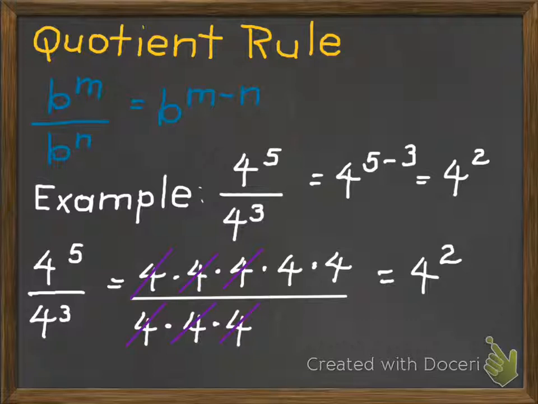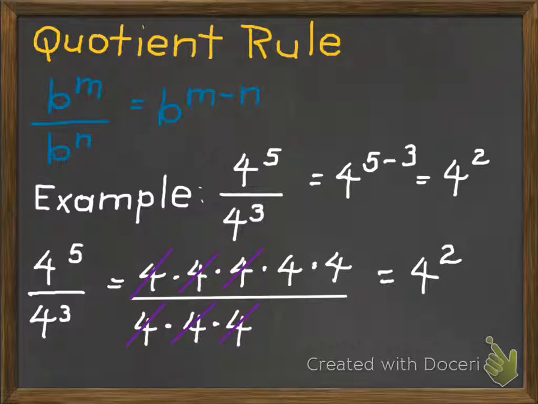Well, if we wrote out 4 to the power of 5, where 4 is a repeated factor 5 times, we would have 4 times 4 times 4 times 4 times 4. And 4 to the power of 3 is 4 times 4 times 4.